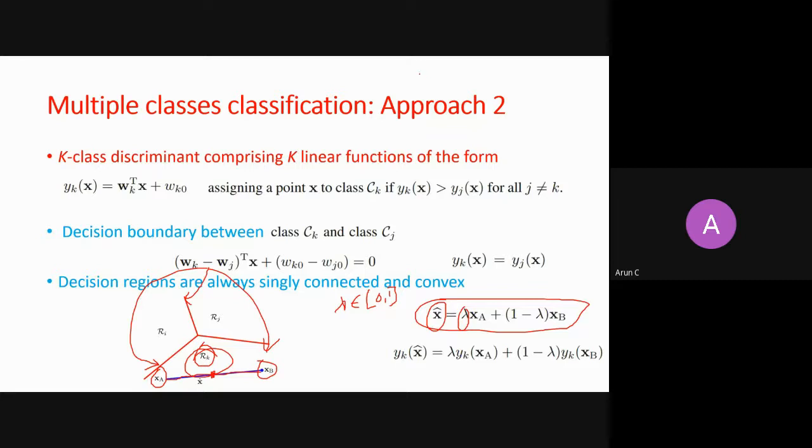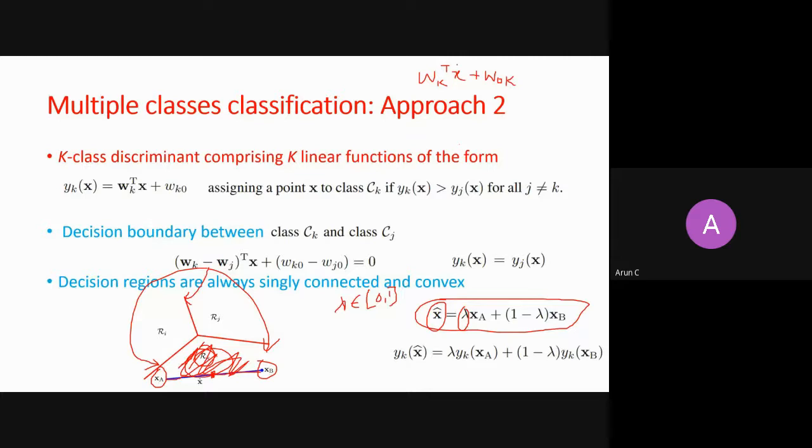It is such that my hyperplane wk transpose x plus wk0 is greater for all j where j is not equal to k. It means it is greater for this particular hyperplane in this region, right? That's why I'm saying this region is Rk.